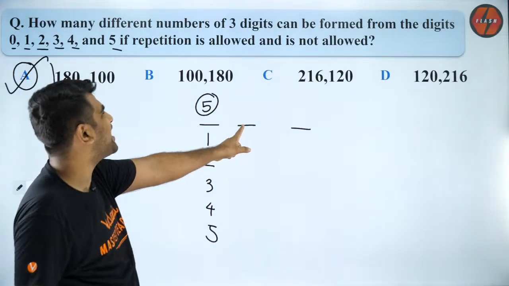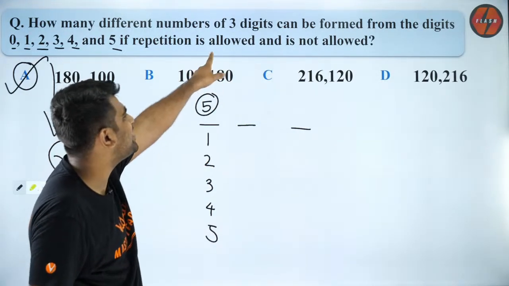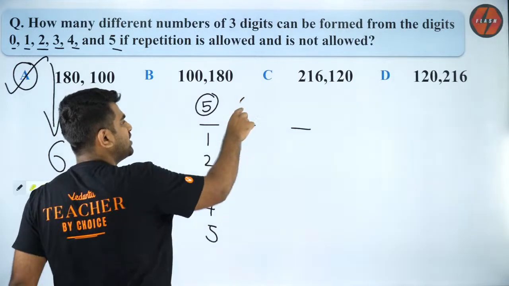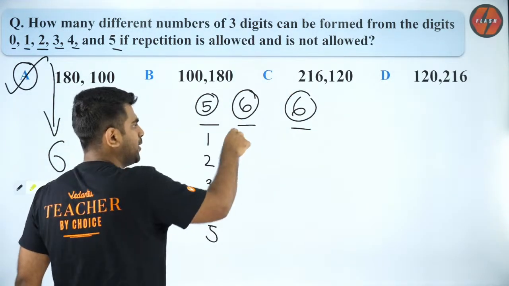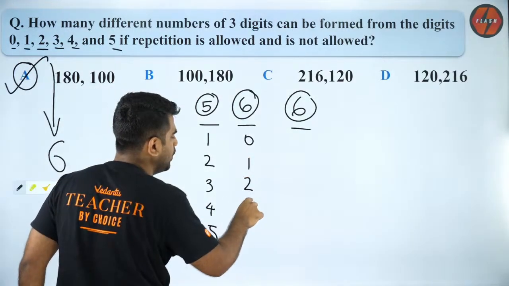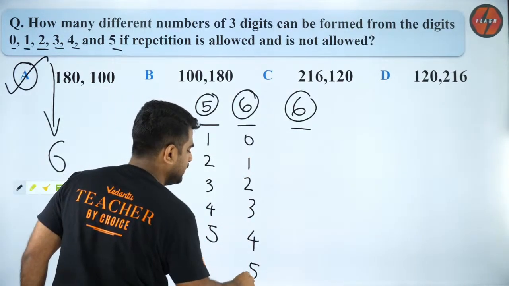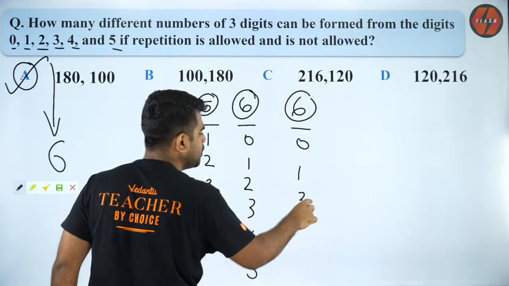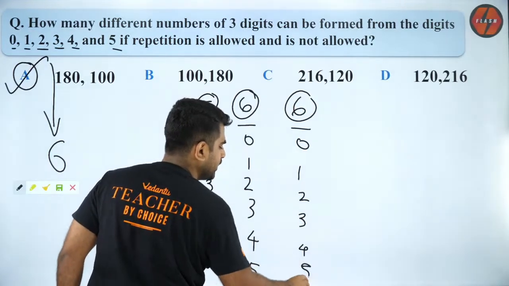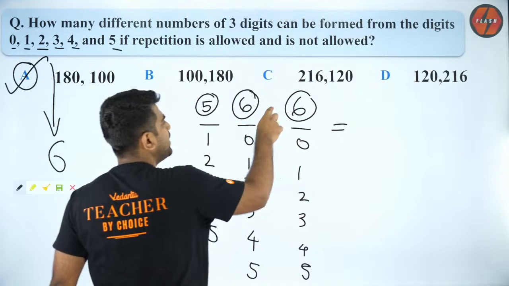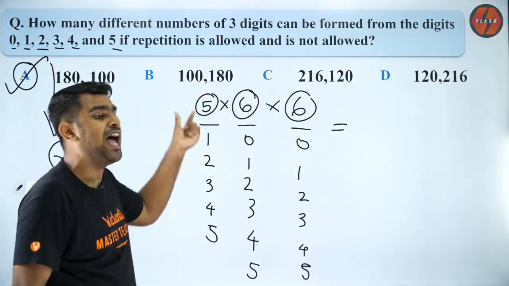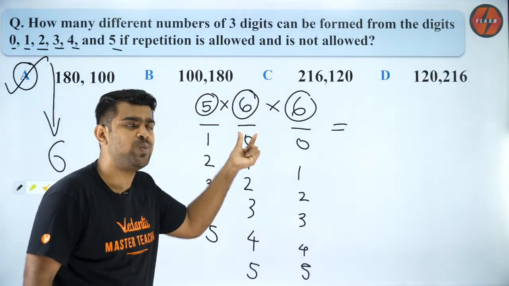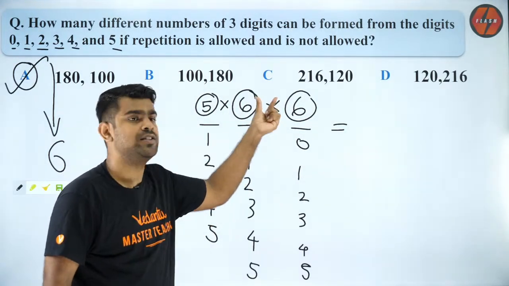Second place, how many choices do I have? If repetition is allowed, I will have 6 choices for the second place and 6 choices for the third place, because here I will have 0, 1, 2, 3, 4, 5, and here also 0, 1, 2, 3, 4, 5. That is with repetition. They will all be multiplied: first place 5 ways, second place 6 ways and third place 6 ways.